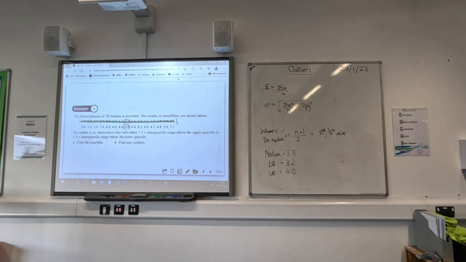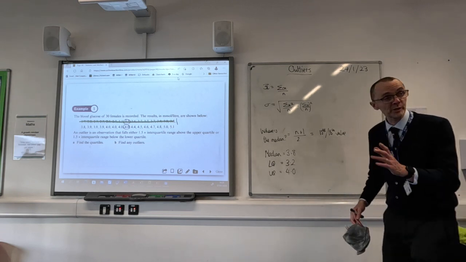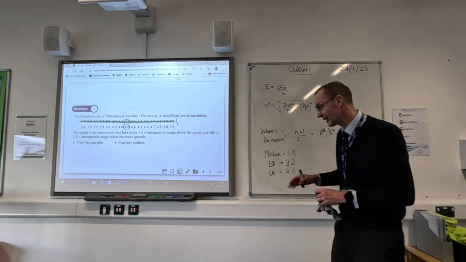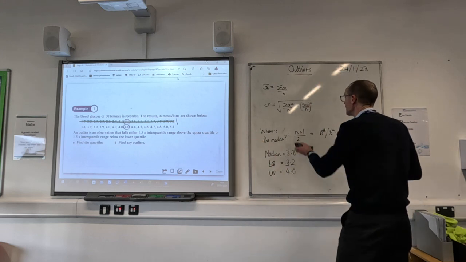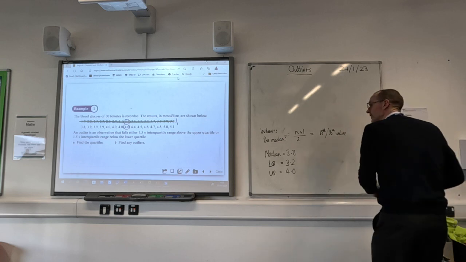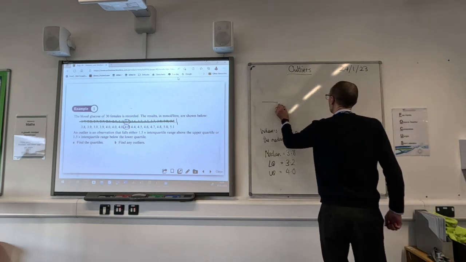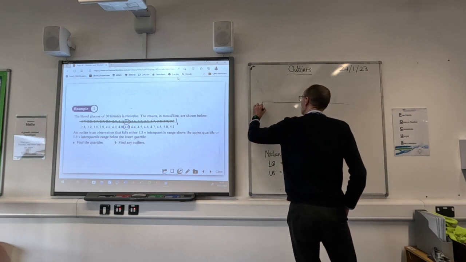I wonder if this might be a good opportunity to knock up a box plot. The question doesn't say, but box plots are on the syllabus, and just for kicks. So we've got values between 1.7 and 5.1.